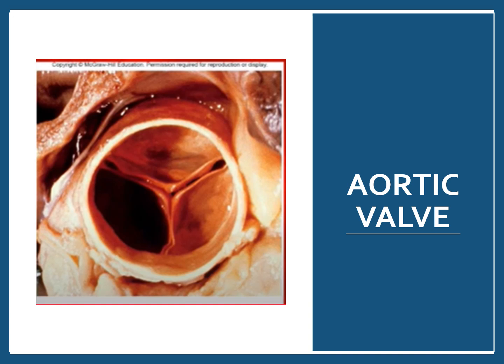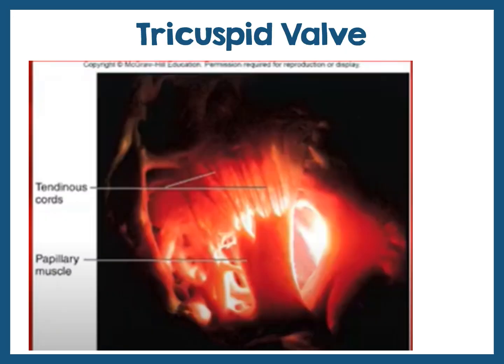Here is an image of the aortic valve. It will always be the largest blood vessel, and there is no chordae tendineae. This is a picture of the tricuspid valve, and so you can definitely see those tendinous cords of the chordae tendineae, and then that papillary muscle there, and then the trabeculae carneae.